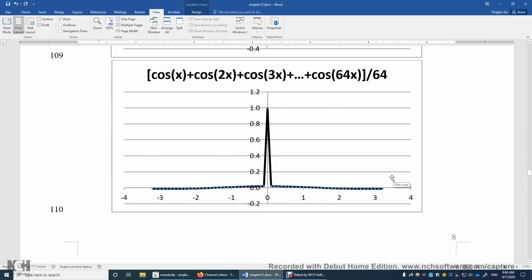Do we know its wavelength? Well, we're not sure. It can be 2 pi, pi, 2 pi over 3, 2 pi over 4, all the way to 2 pi over 64. We don't know. But now let's look at the position. We are now more certain about the position of this combination. It's actually around the 0 point. So this time we are less certain about the wavelength, but more certain about the position.